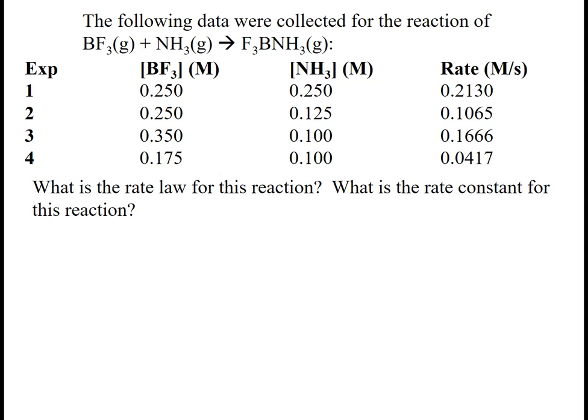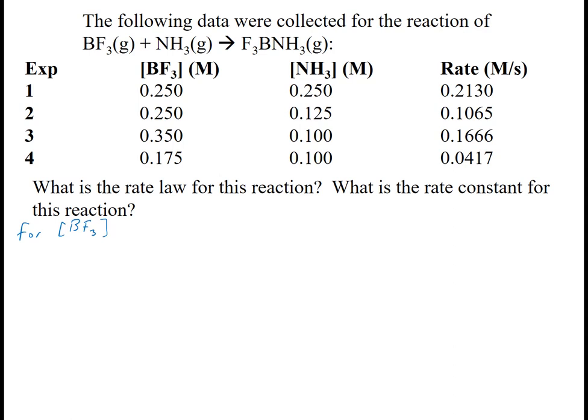So I have basically one compound and a second compound. The way I'm going to do this is I'm going to say for my BF3, what are the possible pairs of experiments? Basically I'm looking for which ones are different. Three of them are different, but I'm going to list all my possibilities.